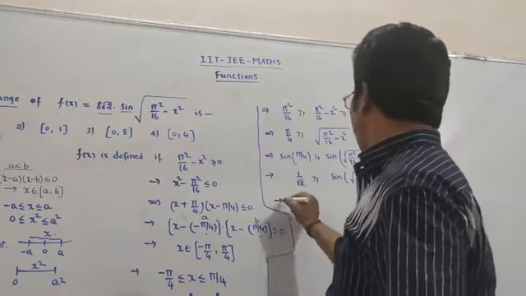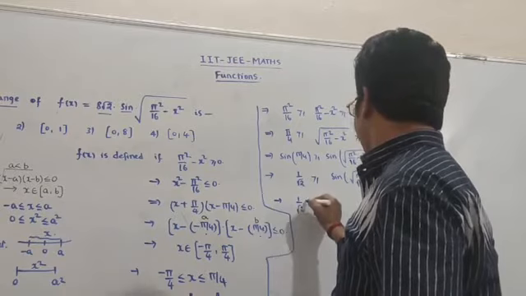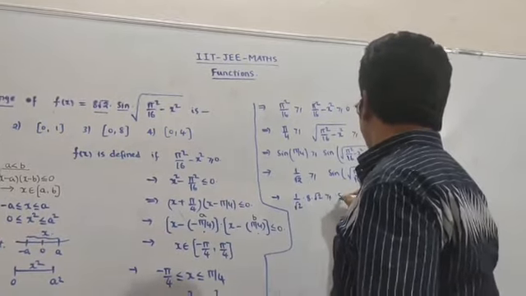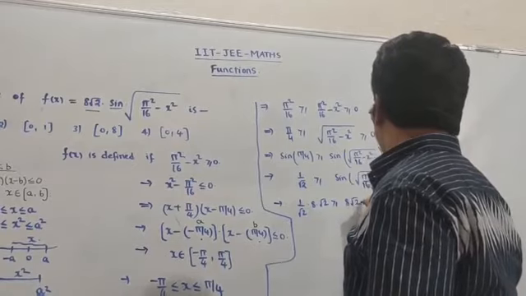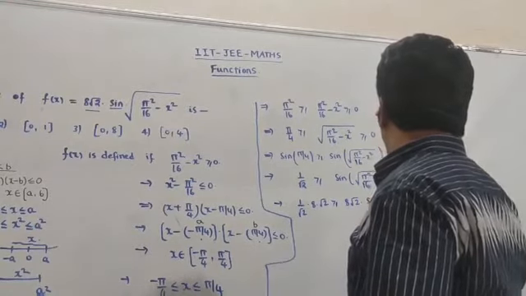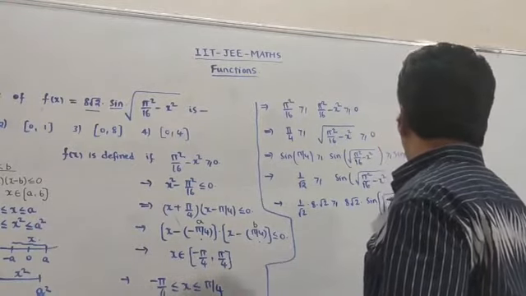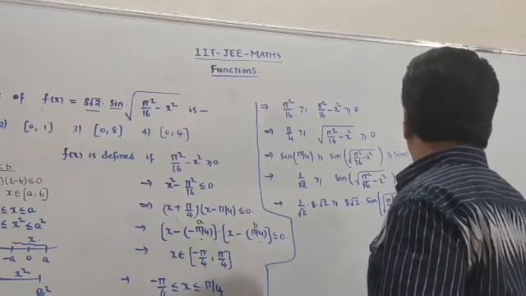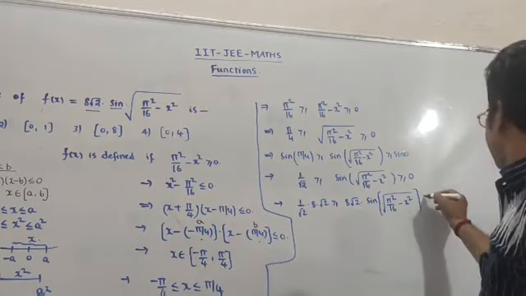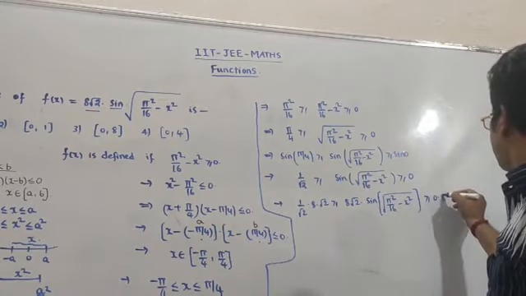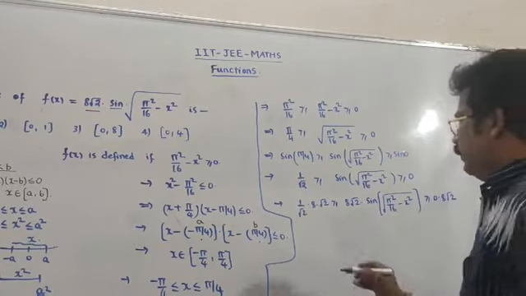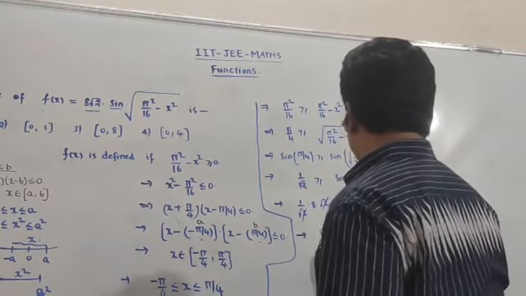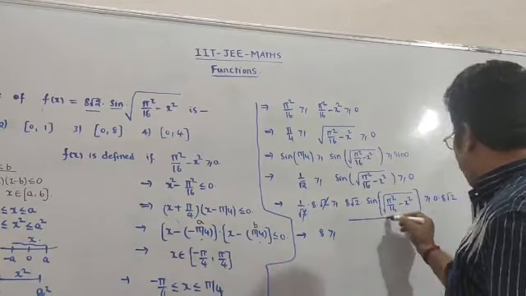So 1 by root 2 into 8 root 2 is greater than or equal to 8 root 2 into sine of root of pi square by 16 minus x square, greater than or equal to 0 into 8 root 2. So root 2 cancels, 8 is greater than or equal to the given function.